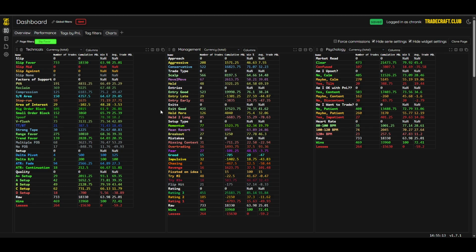Let's look at against. What is going on here? Ah, there's a shitload of management issues. Six of those rating ones killed me. That's the P&L curve.